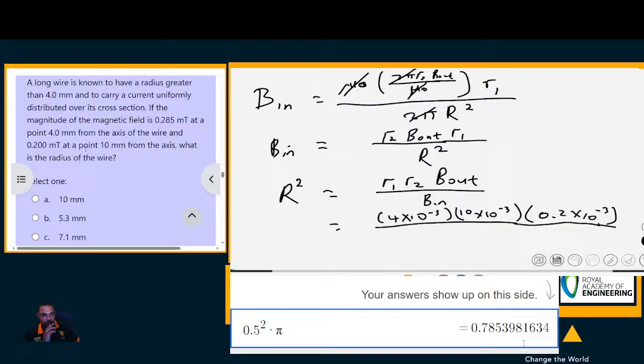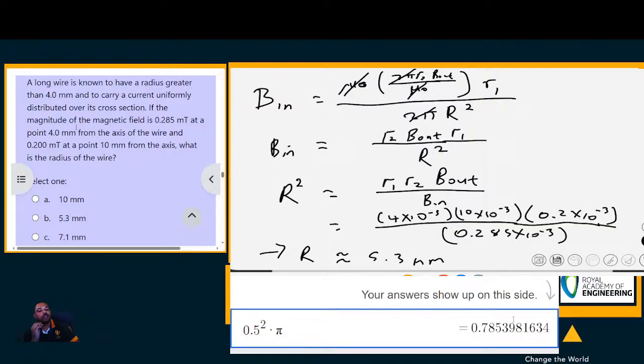And the magnetic field inside is 0.285 millitesla. If you then work out R, you'll find that R is approximately 5.3 millimeters. So the radius of this wire is 5.3 millimeters.